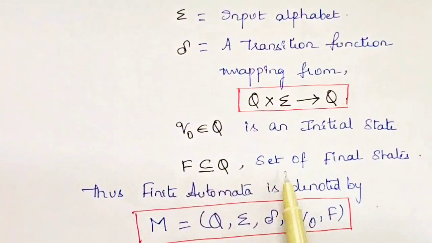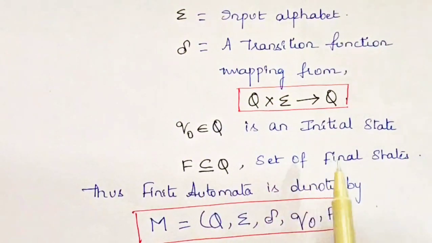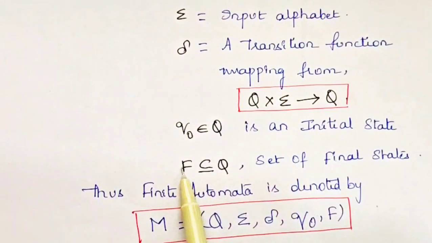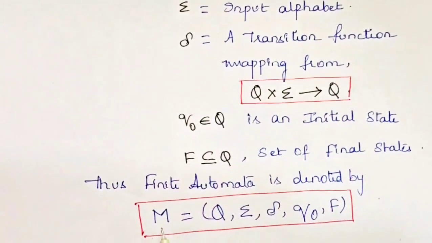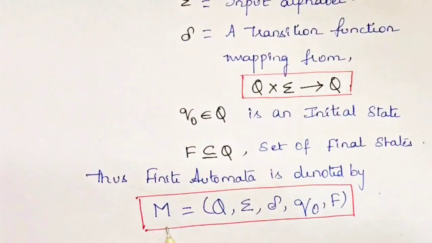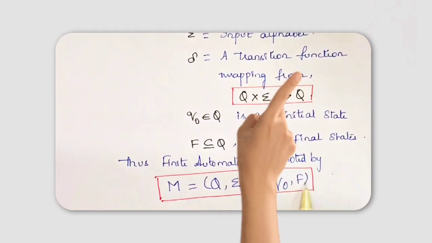So thus the finite automata indicates capital F as a final state which is a set of final states. Thus the finite state machine is denoted as the five tuple Q, sigma, delta, Q0, F.